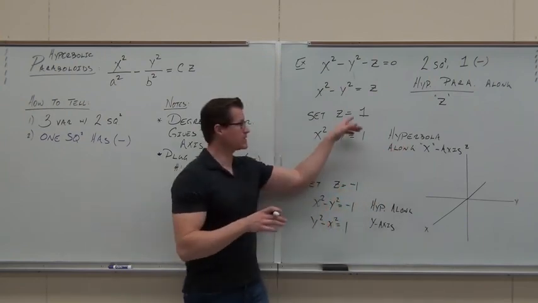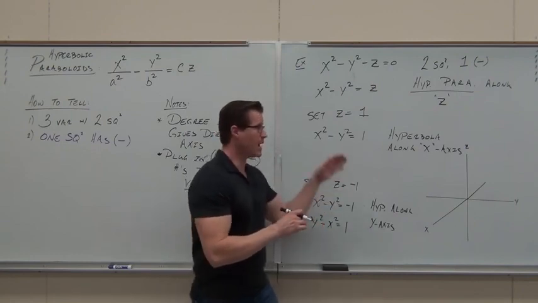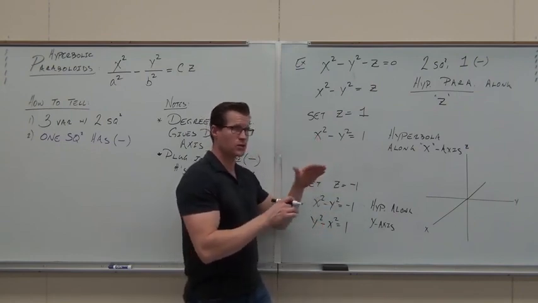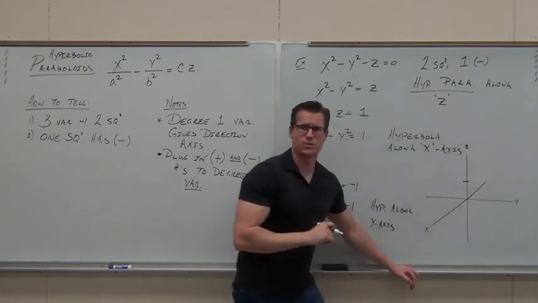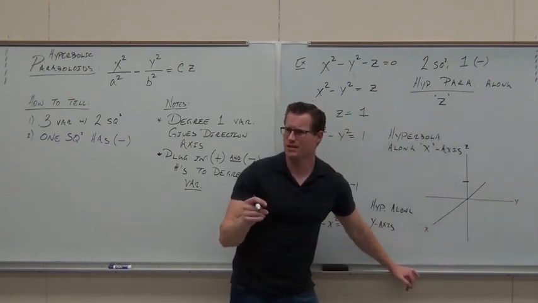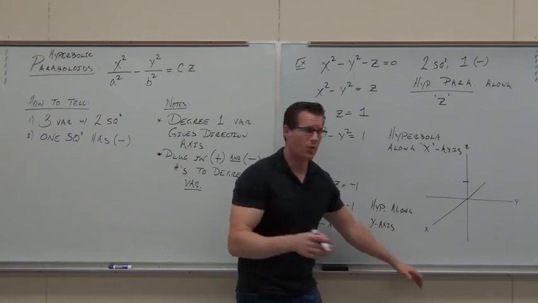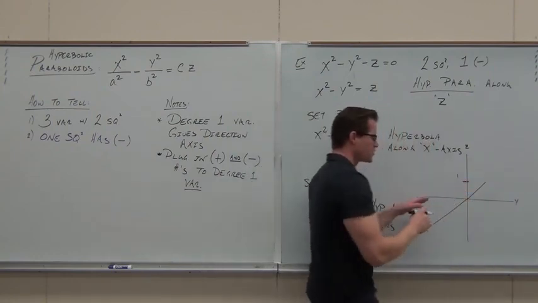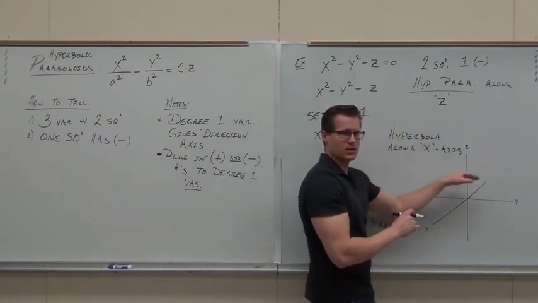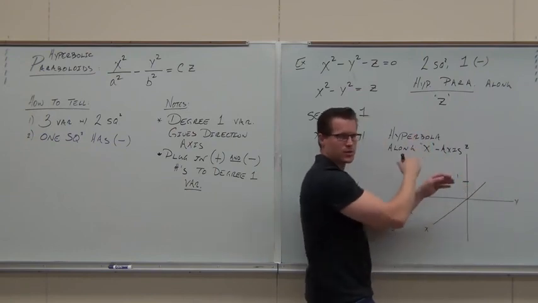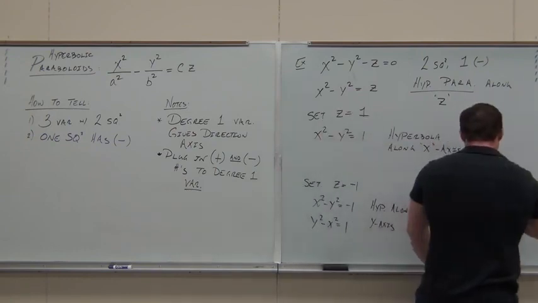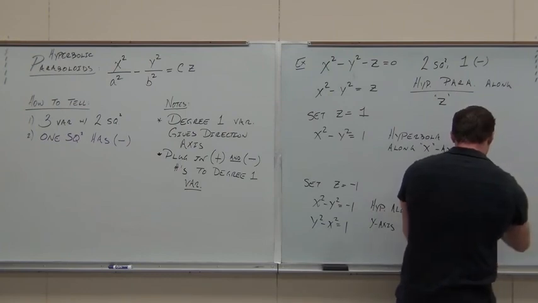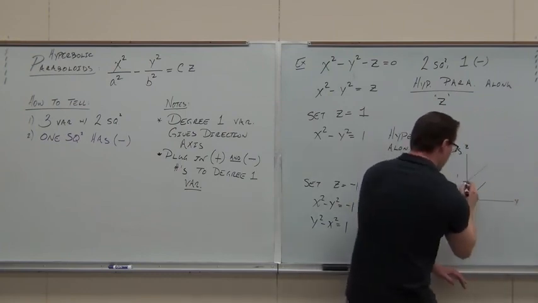So if I plugged in z equals 1, what's going to happen? I'm going to get hyperbolas, but it's going to happen at z equals 1. Let's pretend that's z equals 1. Do you remember talking about this from last time? Wherever you're plugging in, redraw whatever other axes you're not plugging numbers in for. So I would redraw parallels of the x and y.